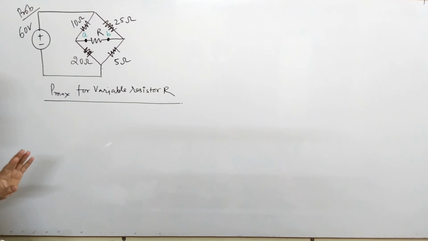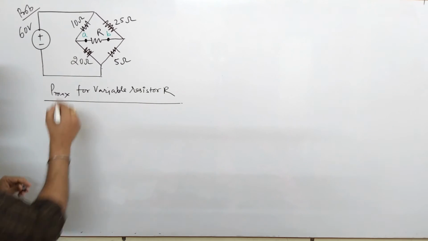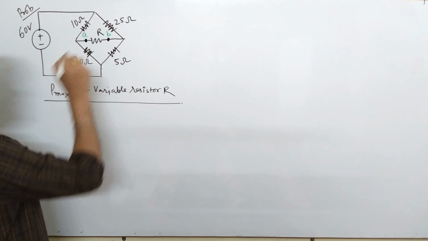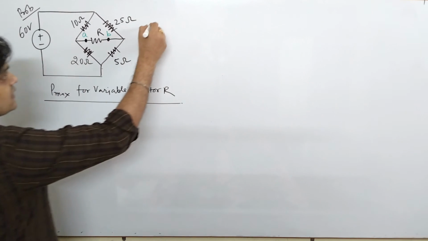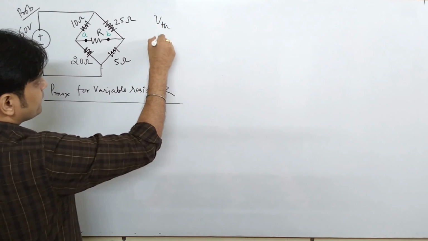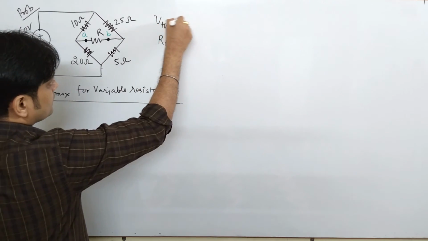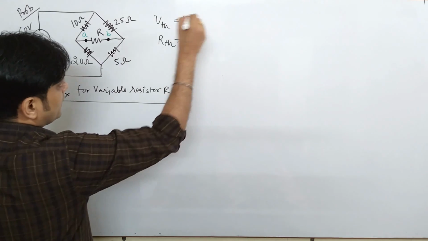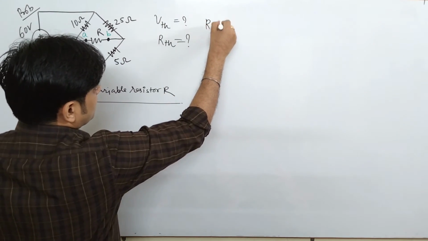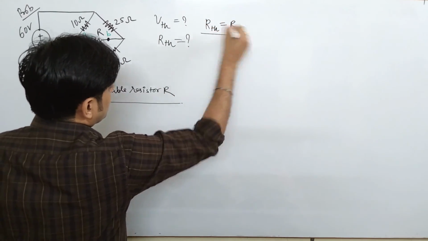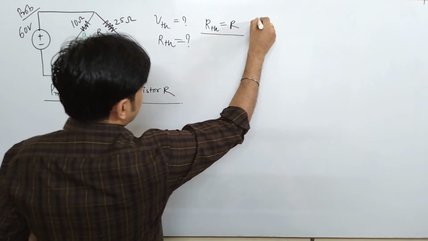So the concept of the balance condition of a bridge is not applicable here. Very important thing. So how will we solve this? We have to find the VTH and RTH for this resistance, and when RTH becomes equal to this particular R, the maximum power will be delivered.